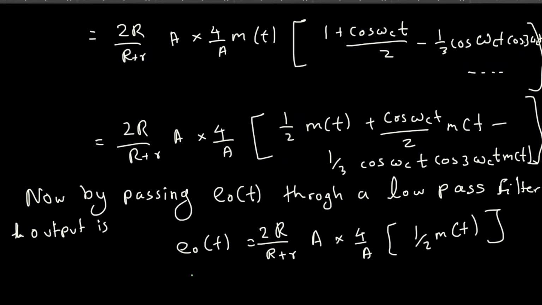Then we can simplify this further, that is A cancels, so E naught of t is equal to R over R plus R times m of t.